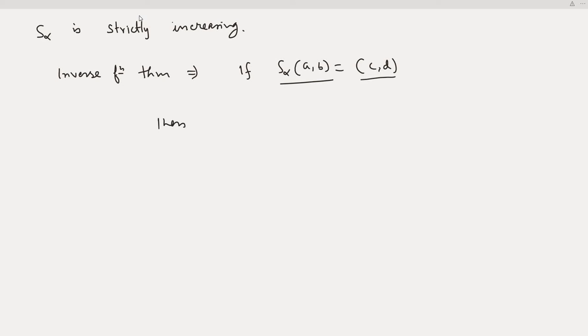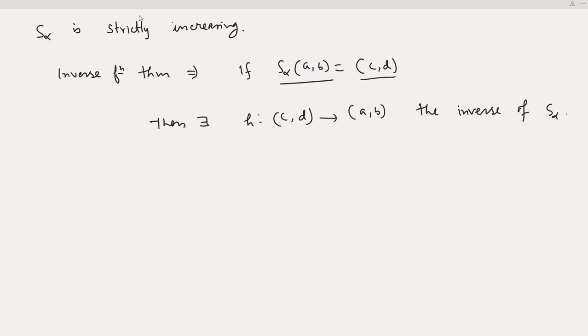Then there exists h from (c, d) to (a, b), the inverse of S alpha.